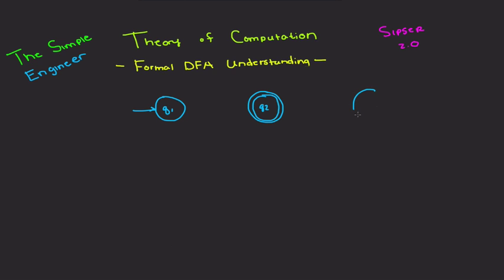And then we'll have another state over here. We'll call it Q3. So Q1 on 0 will loop back to itself. And on a 1, we'll traverse to Q2. Q2 on 1 will stay in itself. And Q2 on 0, go to Q3. And Q3 on 0 or 1 will go to Q2.